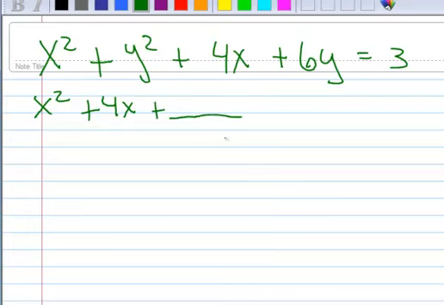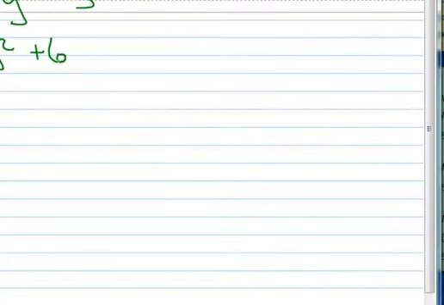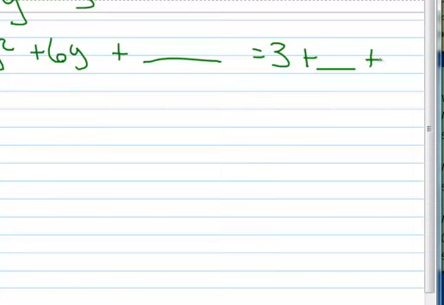I like to draw a line there, which indicates that's something that needs to be filled in. Then we'll do the same thing with the y squared, and the 6y goes with that. And then we're going to eventually add something there. So I'm going to leave a blank, and then I've got the 3, and I like to do this because it means if I add something to the left-hand side, it reminds me that I also have to add something to the right-hand side.